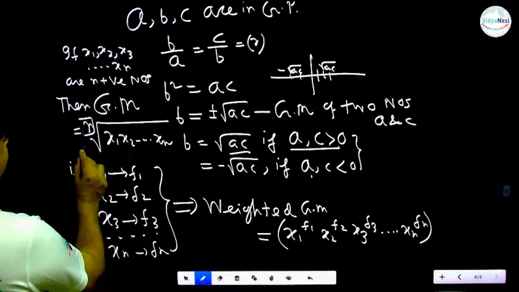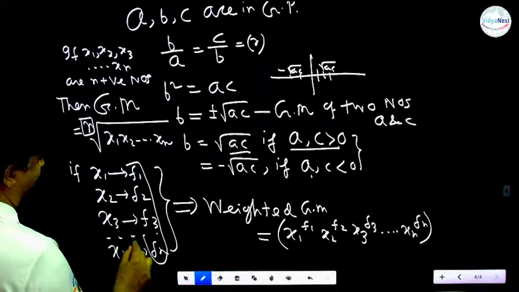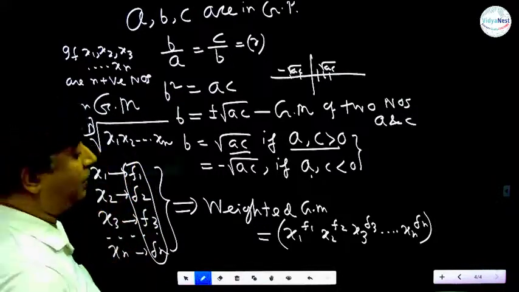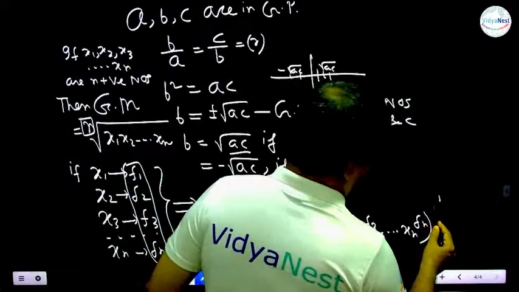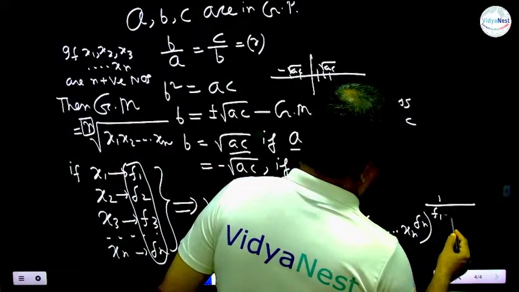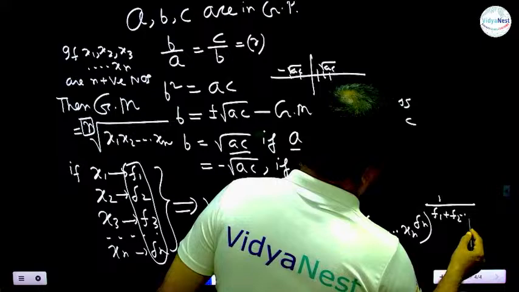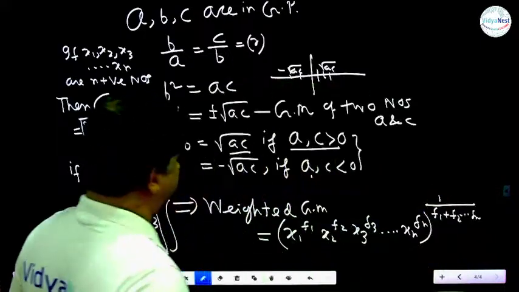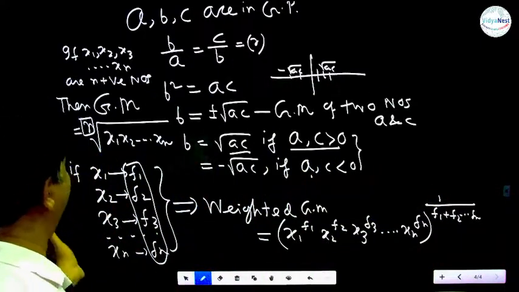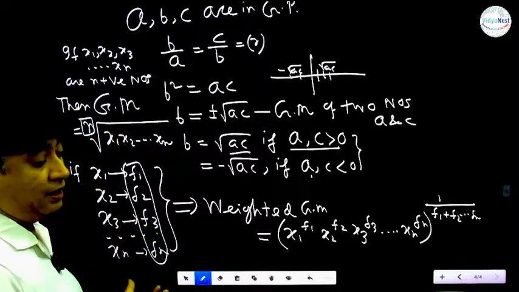What is n over here? Sum of these weights or frequencies, as we are taught in statistics. This is the geometric mean in case frequency or weight are given. Okay?